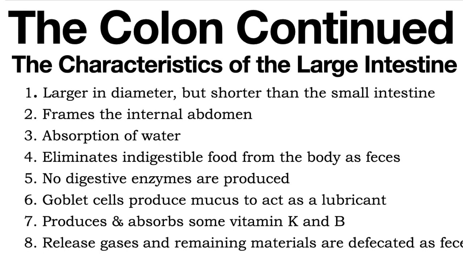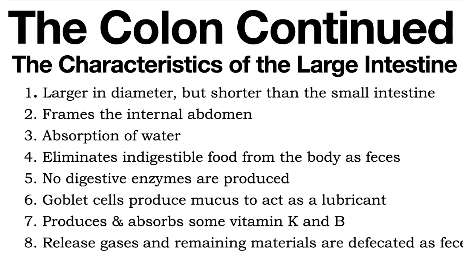Now, there are no digestive enzymes and no digestion happening in the colon. It's mainly going to absorb water and start moving the excess food out. It's primarily going to defecate the waste out. Now, the large intestine does have goblet cells which produce mucus, and just like in the esophagus, it will act as a lubricant.